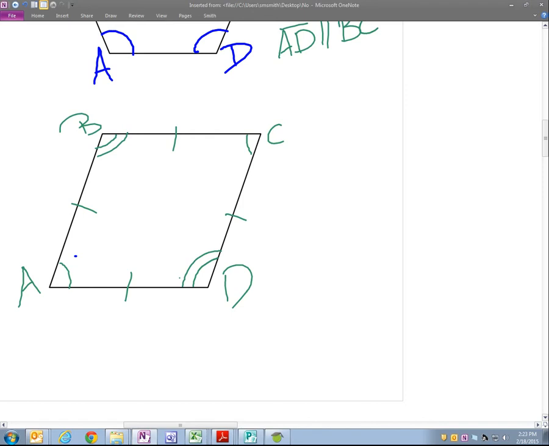What's the name for that shape up at the top? Nope, not a square. A square has all angles congruent. Max says it's a rhombus. That's a rhombus.